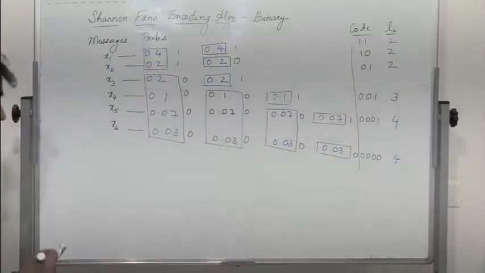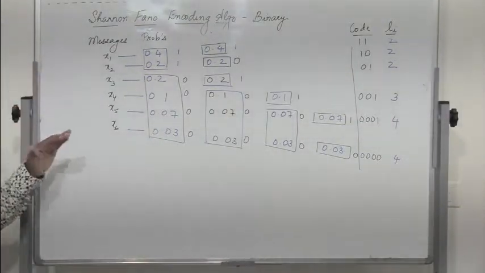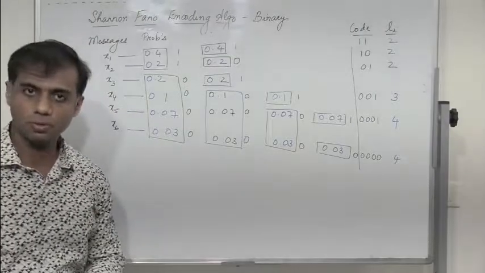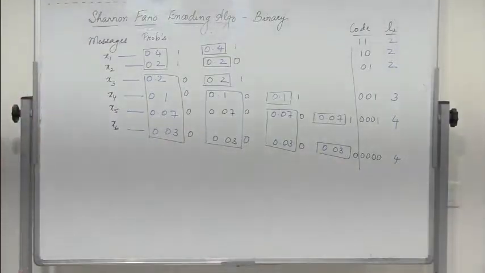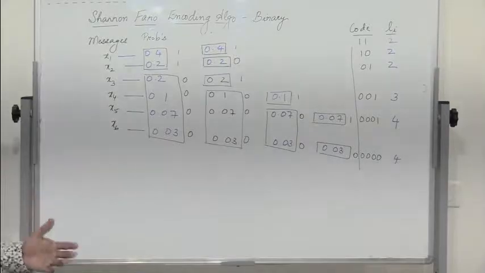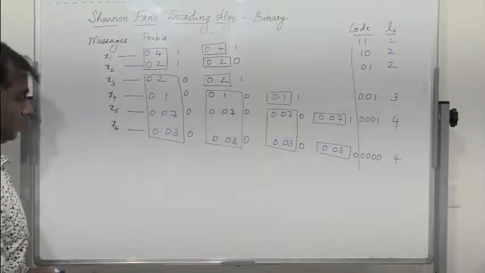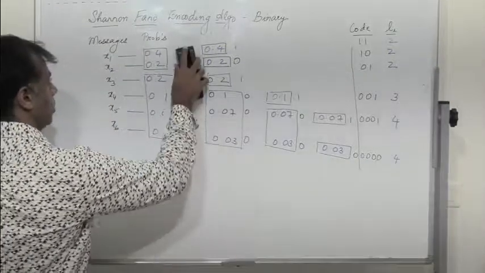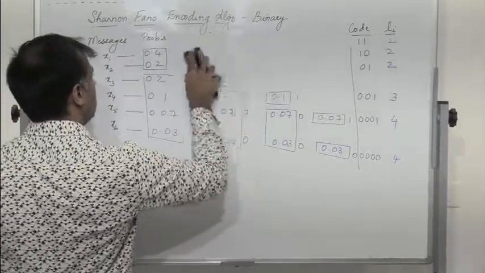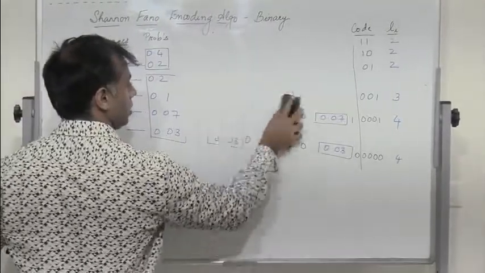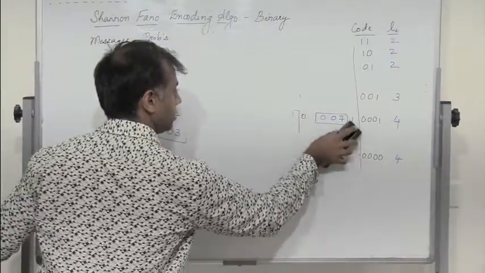So now we also would like to find the code efficiency and the redundancy of the code. Right, that is very important. So now the first thing is we need to find the average length. So I will erase this. So we only need the messages and their corresponding probabilities.